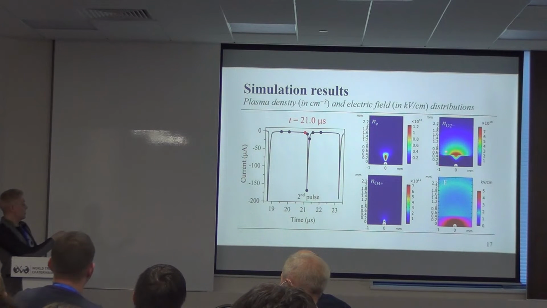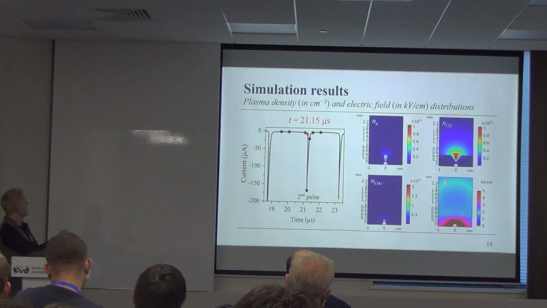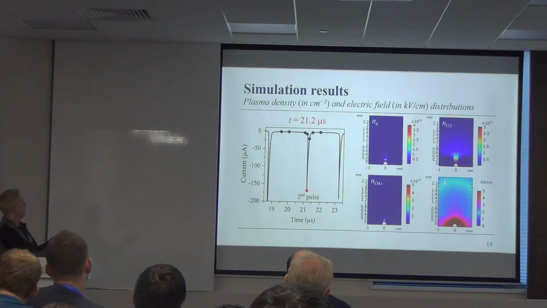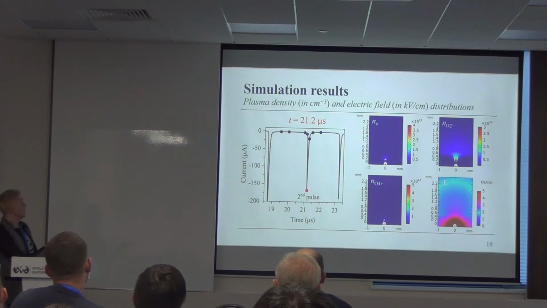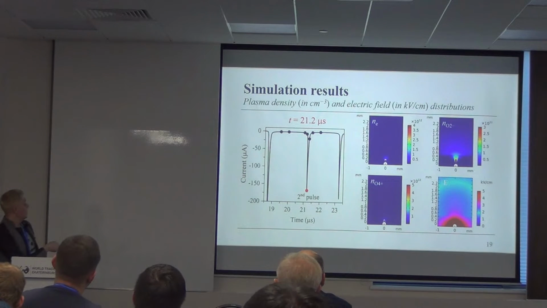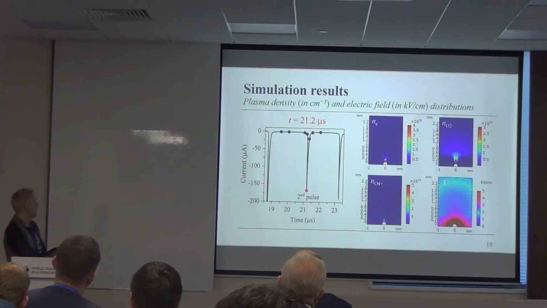Negative space charge occurs and current increases with time. The attachment process is continuous. Then you can see the current increases, and then continues the recombination process and the detachment process.